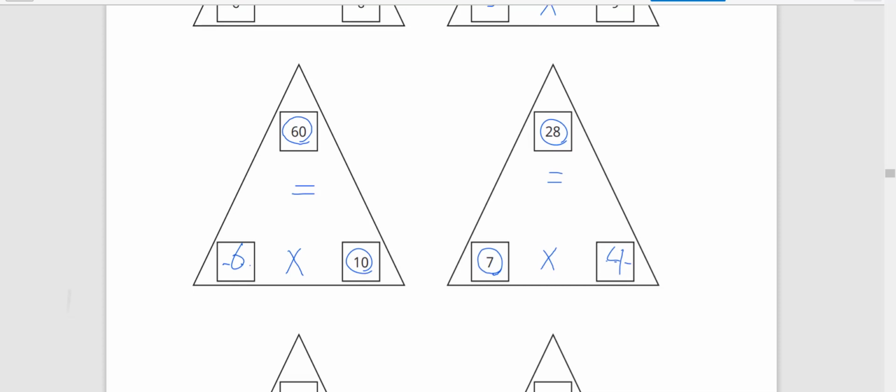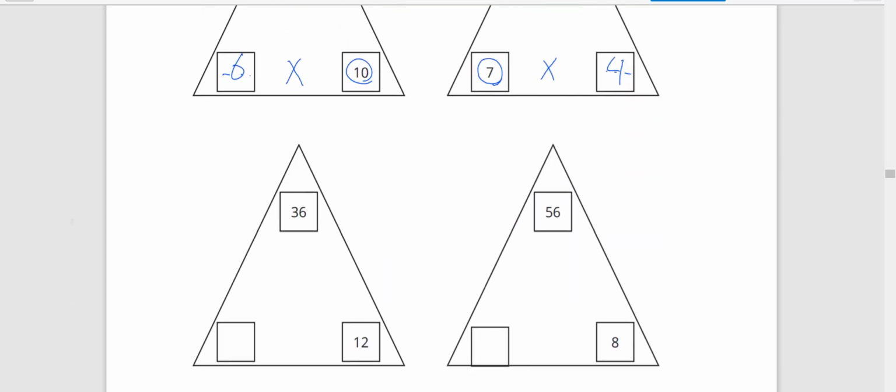What times 10 equals 60? 6 times 10 equals 60. 7 times what equals 28? 7 times 4, by the times table.